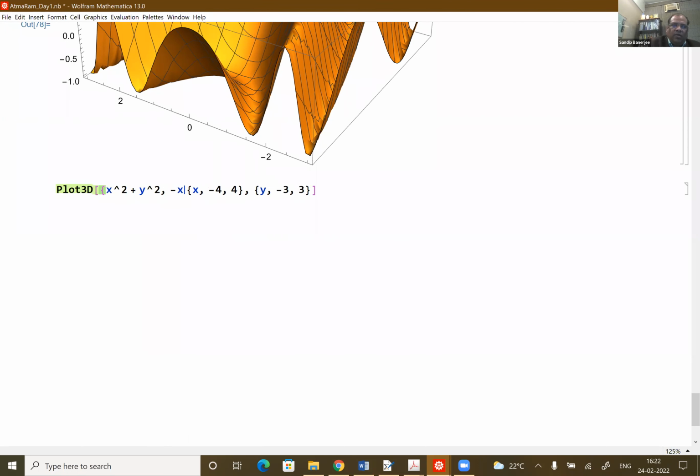And the same thing with the negative sign. And say, let's make it symmetrical. 2 plus 2 minus 2 plus 2.